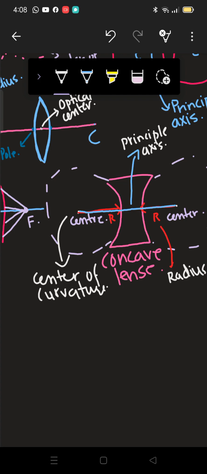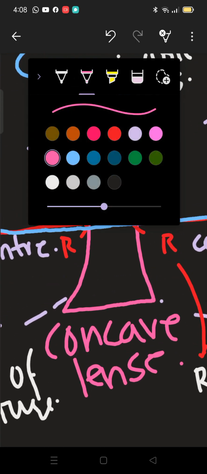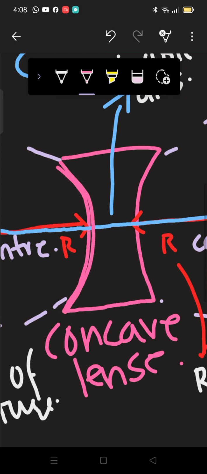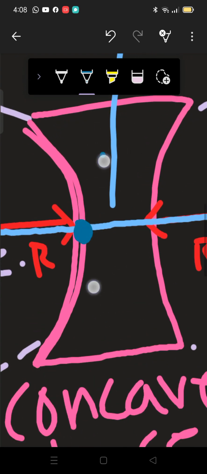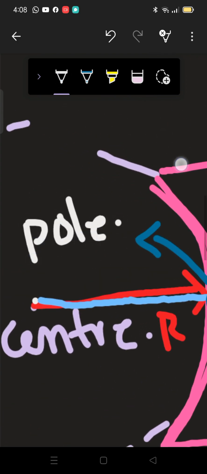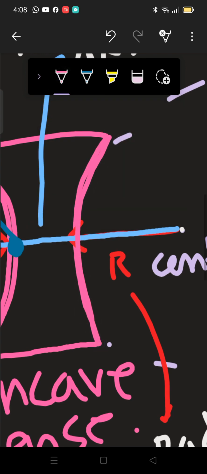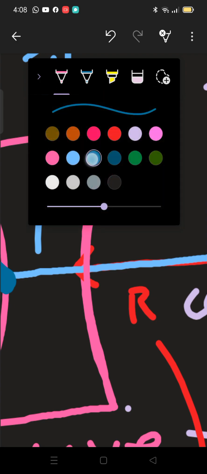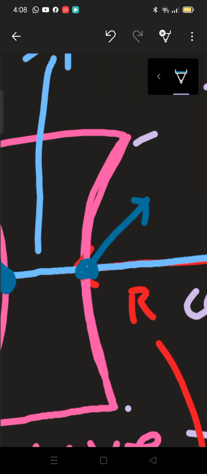Fourth was the pole. The pole is the center of the spherical surface. As you can see here, we have the spherical surface, and the pole is the center of this spherical surface. So this is a pole. Similarly on that side, the pole is the center of the spherical surface, so it would be here.